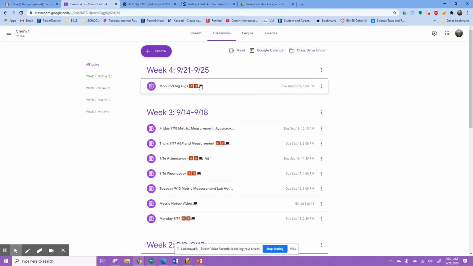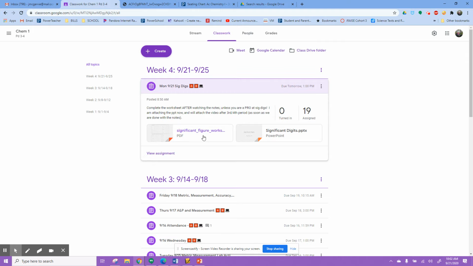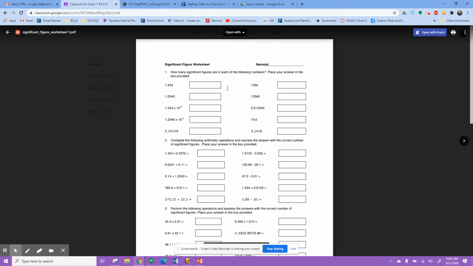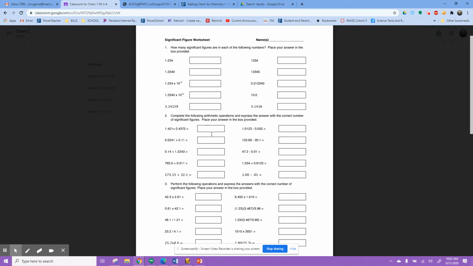If you go to your Google Classroom for today, you'll see the notes, and then you'll see the worksheet. So here's the worksheet. First you're going to say how many sig digs there are, and then in number 2, you're adding and subtracting and trying to get the right number.